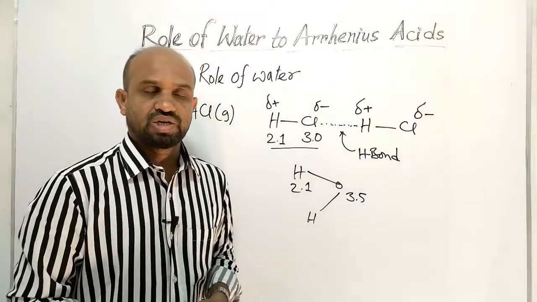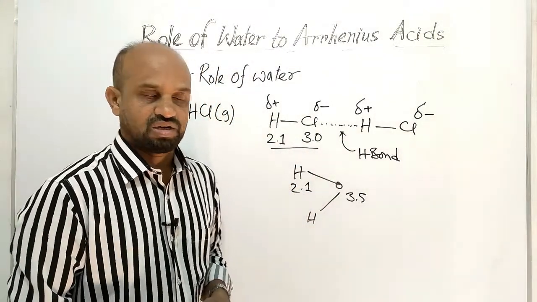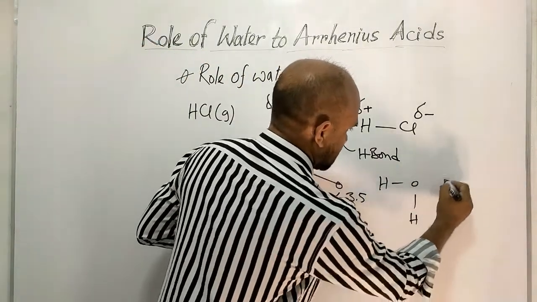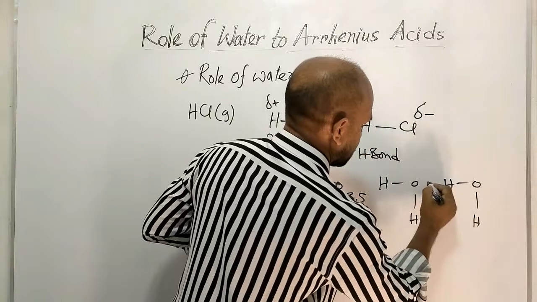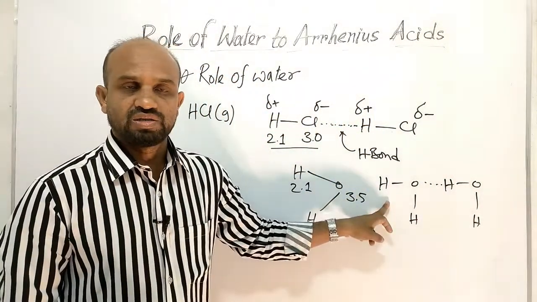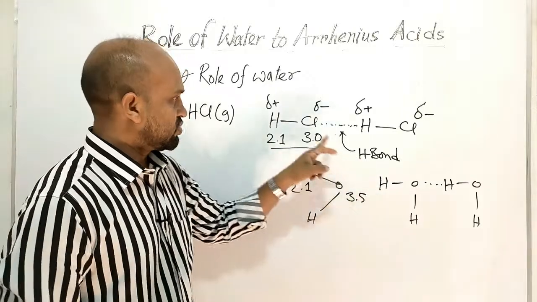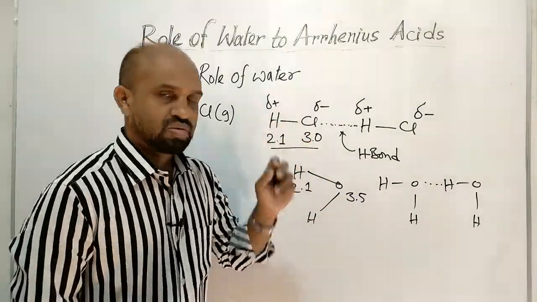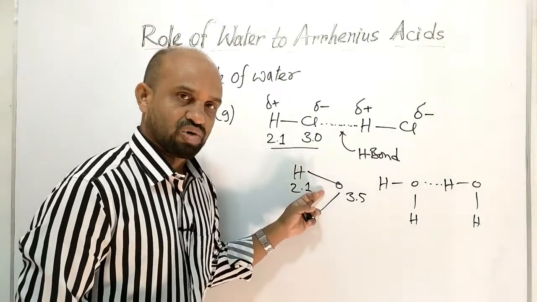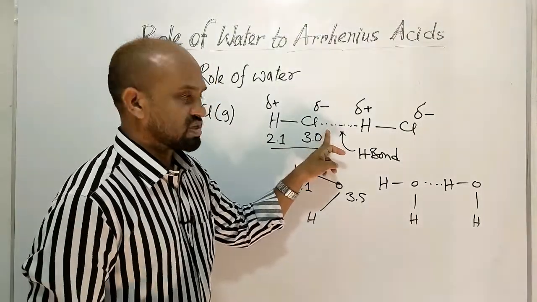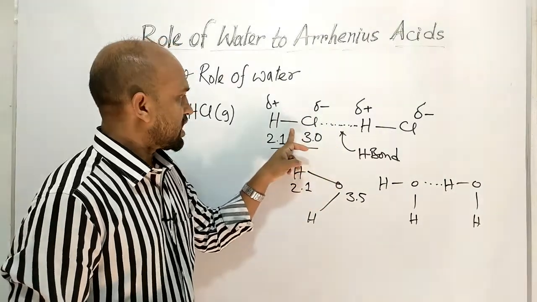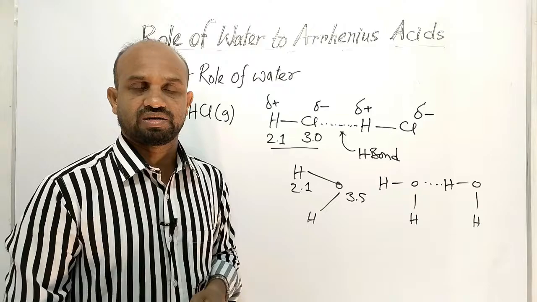Here the electronegativity difference is quite high. That is why the attraction force in water is very strong. As a result, water remains a liquid. But in this case, the polarity is not as high as water. That is why this attraction force is weak, and as a result hydrogen chloride remains a gas.